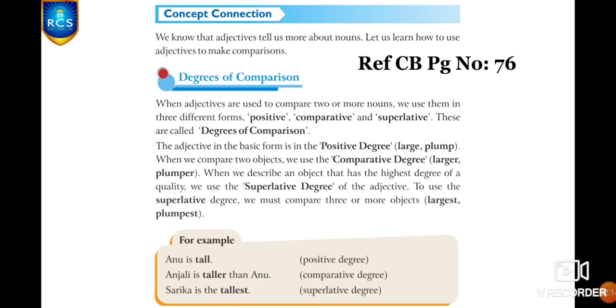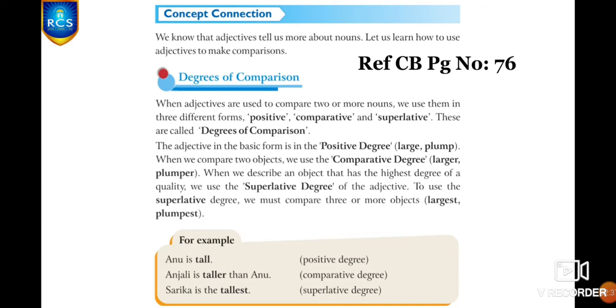And excellent, intelligent, expensive, beautiful. For all these words, we have to add more because they are longer adjectives, right? More beautiful, more intelligent, more expensive.